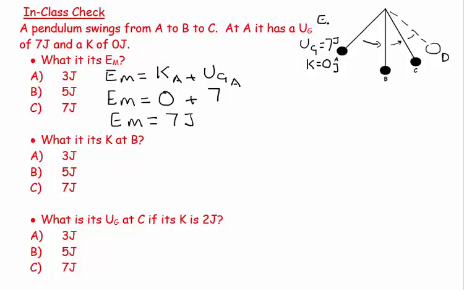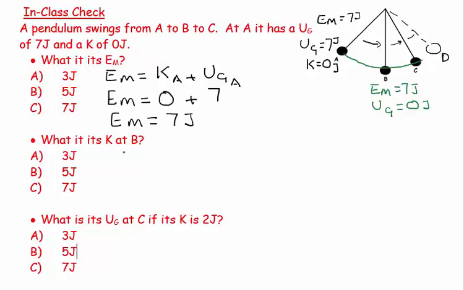We know that EM here equals 7 joules, because that doesn't change. And at this point here, which is the lowest point in the path, the gravitational potential energy must equal 0 joules because it's the lowest point.